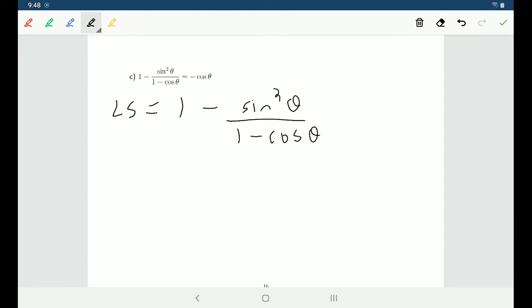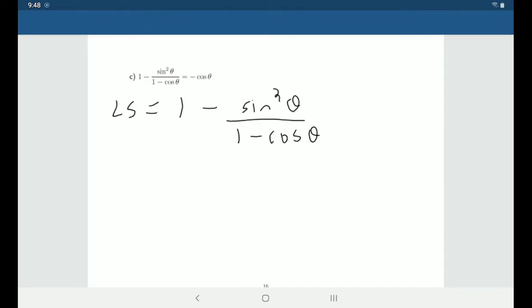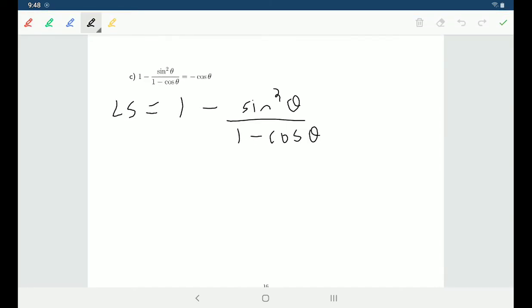So my first plan here, and hopefully maybe you're thinking this as well, since we have a sine squared theta, we know that sine squared theta is the same thing as 1 minus cosine squared theta. That's, of course, our old friend, the Pythagorean identity. So that's my idea here, is I'll turn that sine squared theta into 1 minus cosine squared theta.